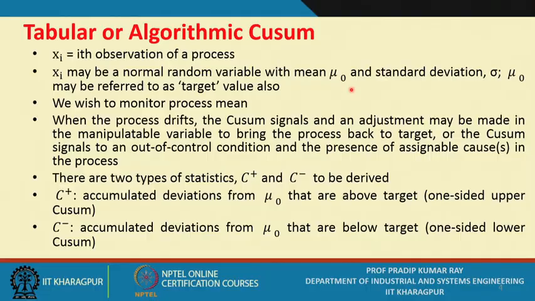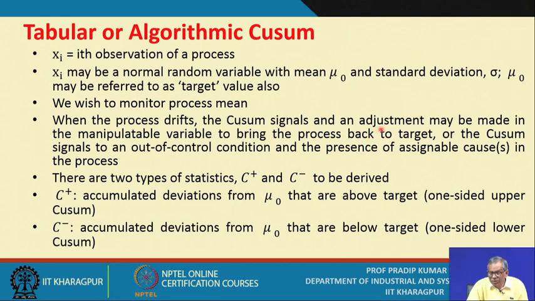Now what do you do? You want to run the process at a particular value, that is mu0. So this is acceptable to you. What you need to do is that an adjustment may be made in the manipulatable variable. Is it okay? It's typical in the chemical industries. There is a manipulatable variable to bring the process back to target.